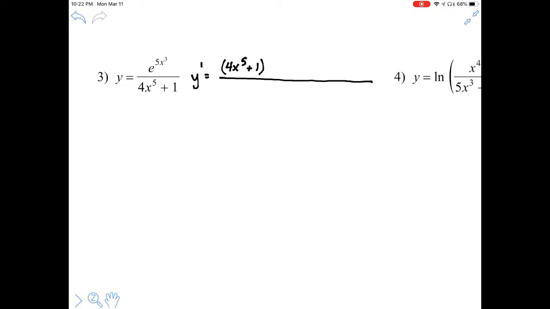Now the derivative of the top function, that's going to be e to the 5x cubed multiplied by the derivative of that exponent, so 15x squared, minus the top function multiplied by the derivative of the bottom function, so that's going to be 20x to the 4th, all over the bottom function squared.